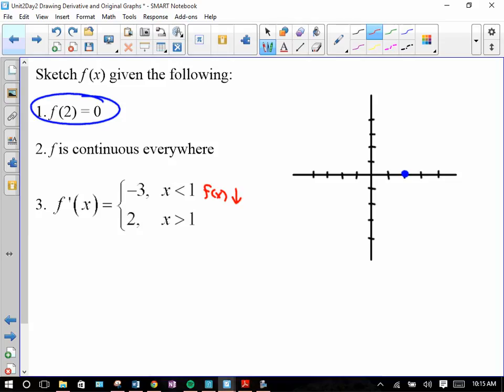It's decreasing, right? And when x is larger than 1, f of x is doing what? It's increasing, because the first derivative is positive. So again, this is saying at every x value less than 1, the slope is -3, and at every x value larger than 1, the slope is 2.